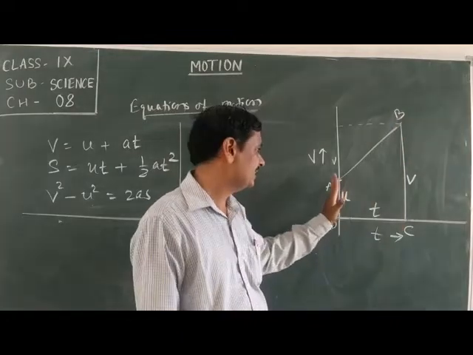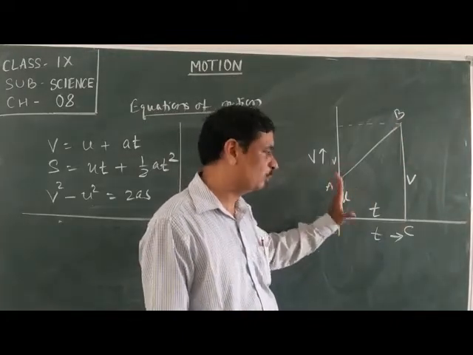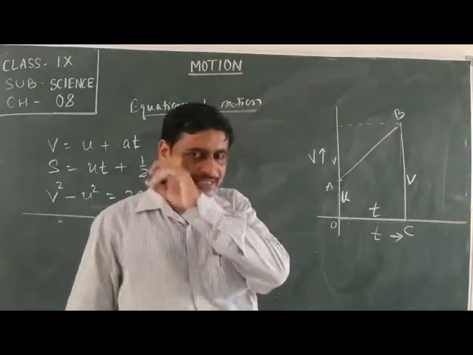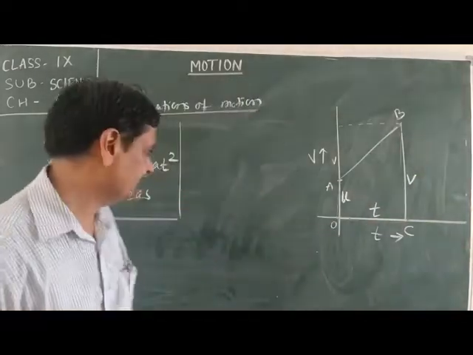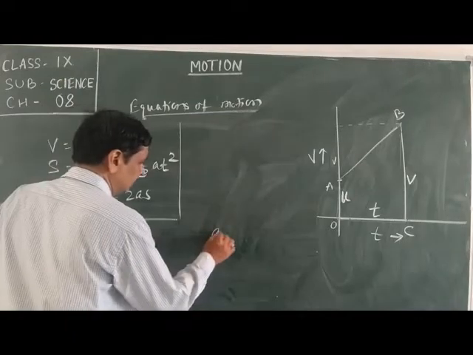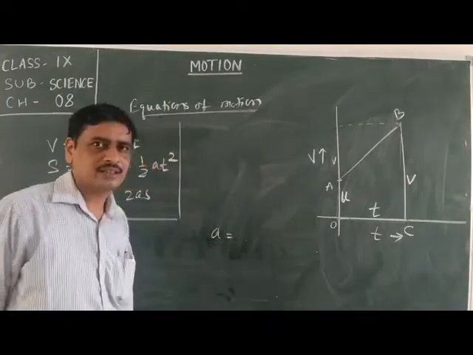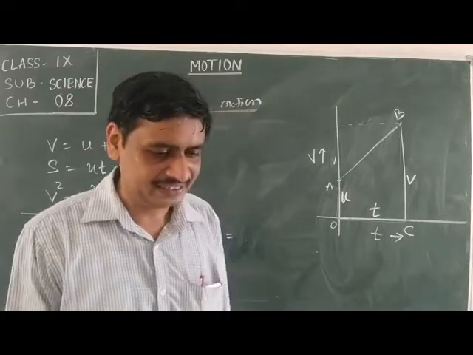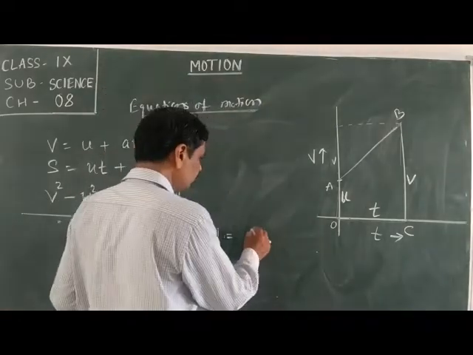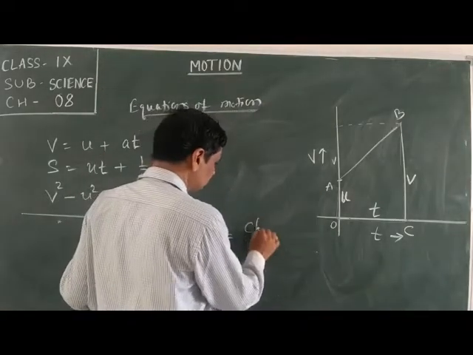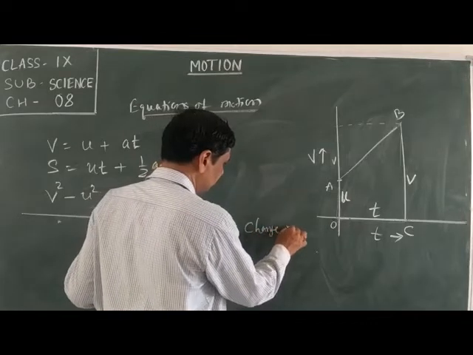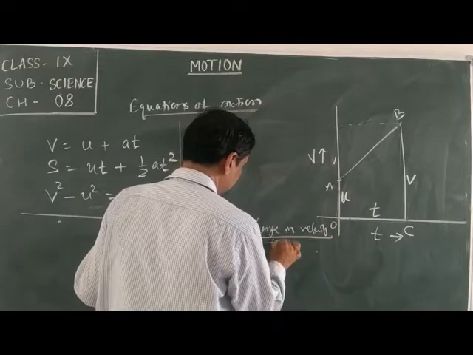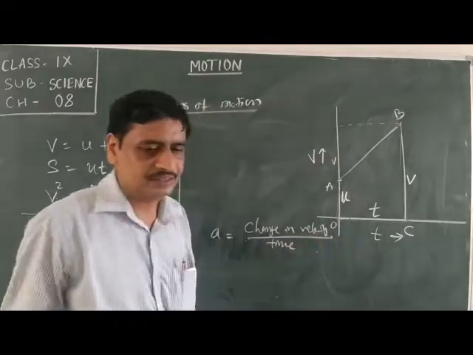When a body is displaced from OA up to the velocity BC, what will be the acceleration? Acceleration will be the change in velocity by the time taken.